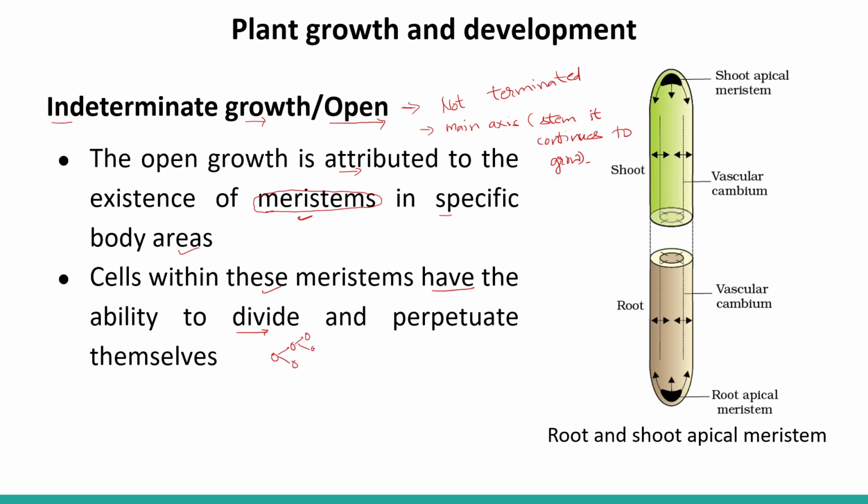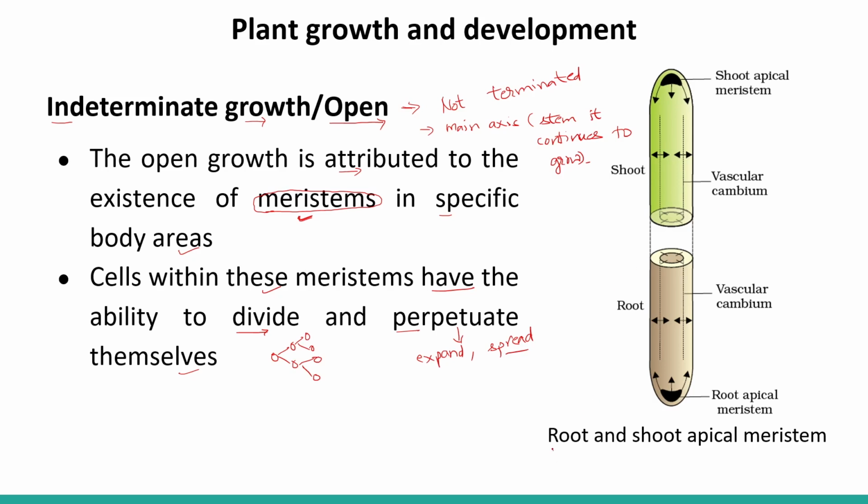Again, these cells can divide, so they keep on dividing, and they can also perpetuate themselves. Perpetuate means they can expand themselves, or you can say they can spread. So in short, indeterminate growth is because of the presence of meristem in specific regions of the plants, and these meristems contain cells that have the ability to continuously divide and perpetuate themselves.